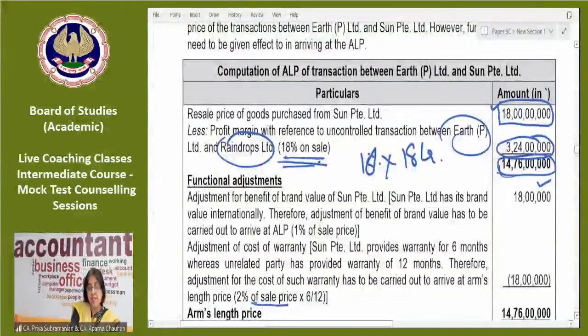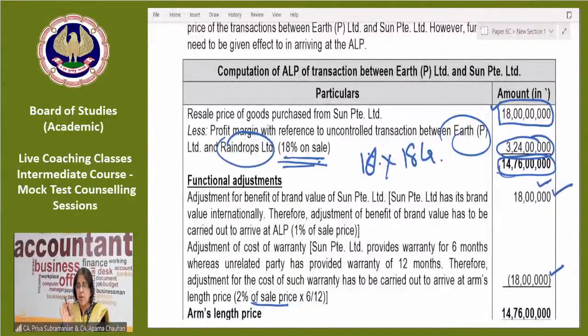That is 1% of 18 crores, so you have to reduce 18 lakhs. You add 18 lakhs for brand value because you pay more for that, and reduce 18 lakhs for the cost of warranty because Sun Private Limited is providing a lesser warranty.